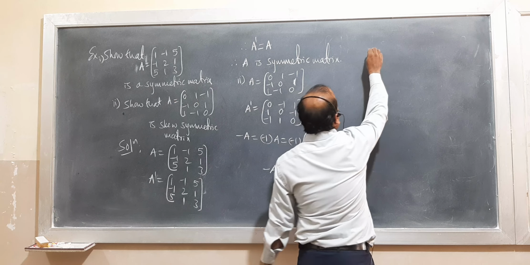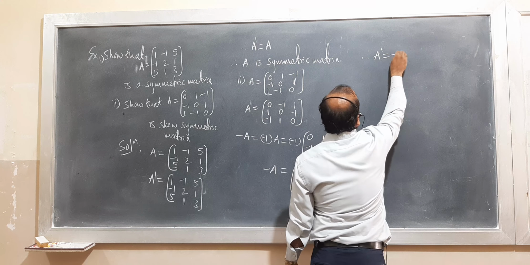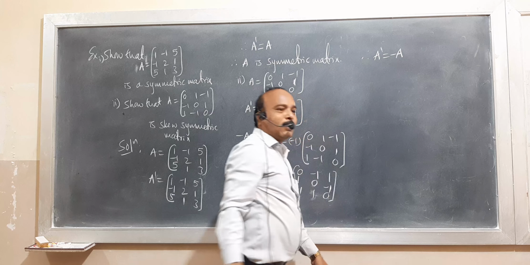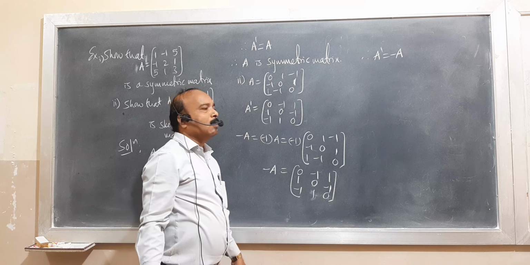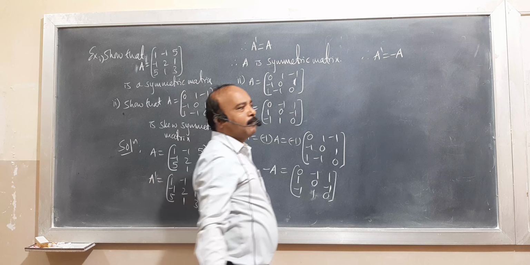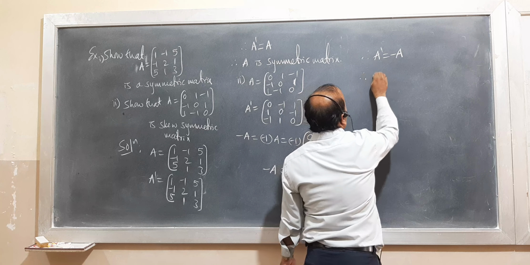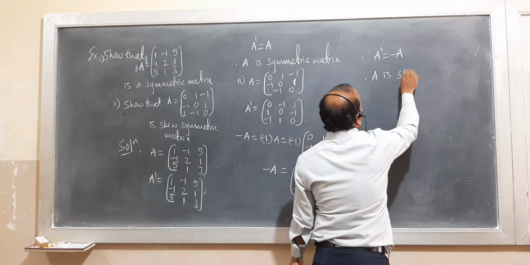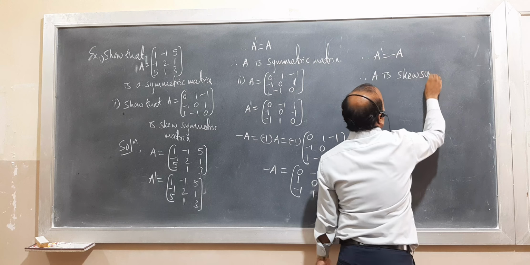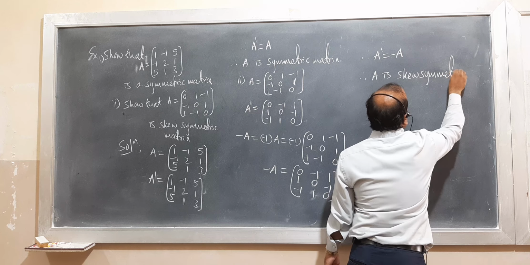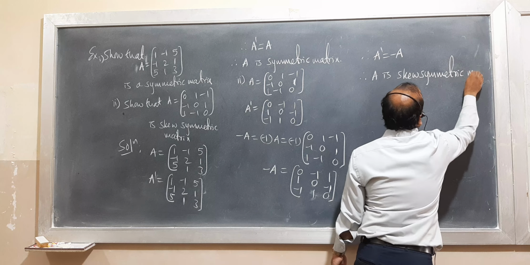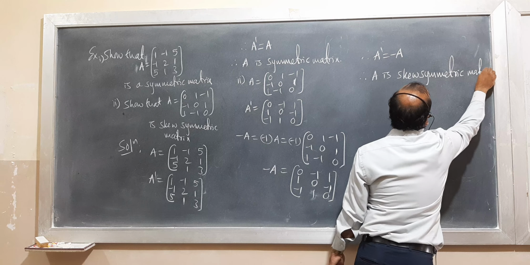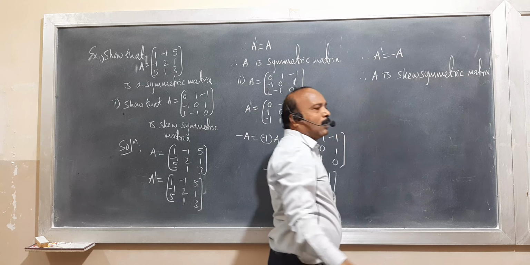Therefore we conclude that A dash equals minus A, which is the required condition for a skew symmetric matrix. Therefore, we conclude that A is a skew symmetric matrix. Like that you prove the result.